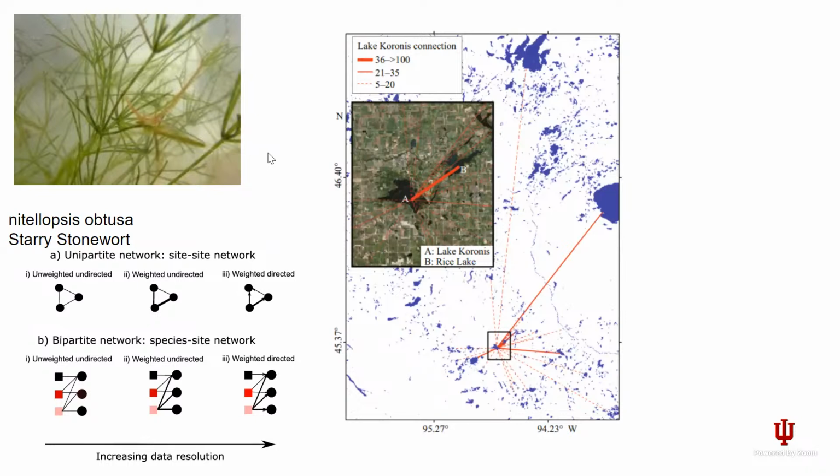And so I chose stonewort, an aquatic invasive plant that just spreads a lot in lakes. And I tried to find just a small collection of lakes that has extensive models of human interaction throughout the lakes.